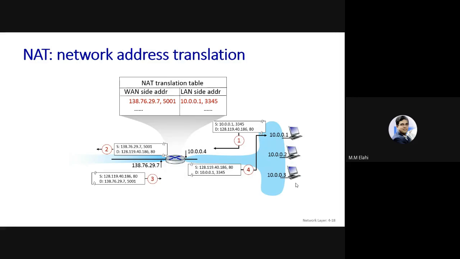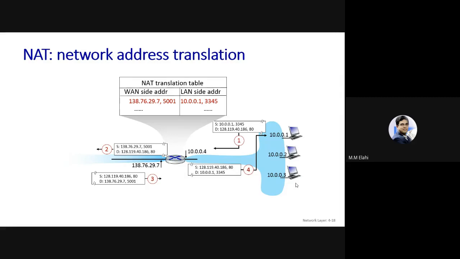Number one, why did the router maintain a NAT translation table? Because otherwise how will the router know which internal host actually requested? So to which internal host should the packet be forwarded now? Router কোত্থেকে পাবে? From the NAT translation table. Clear কিনা? So the router goes to the NAT translation table.